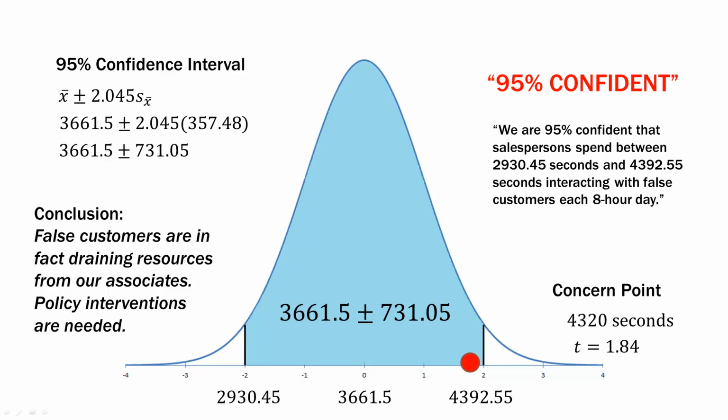That means we're pretty confident our sales associates are spending less time than we're concerned about. But since this point is in the interval, there's a very good chance that our associates are, in fact, spending an inordinate amount of time with false customers, and therefore we need to take action. Now, let's look at this with one minor change.